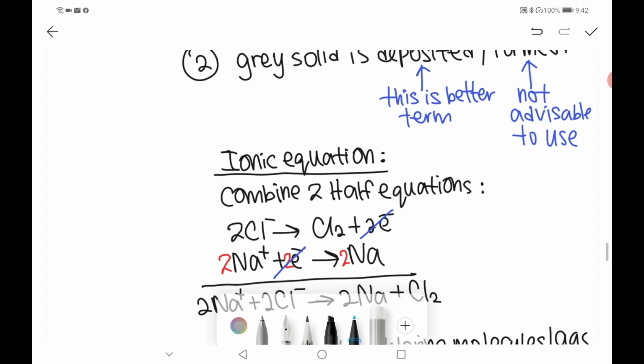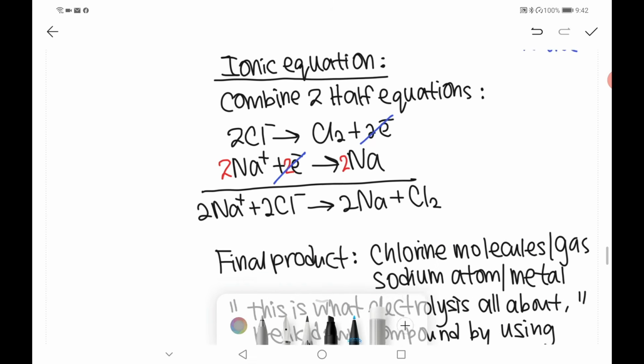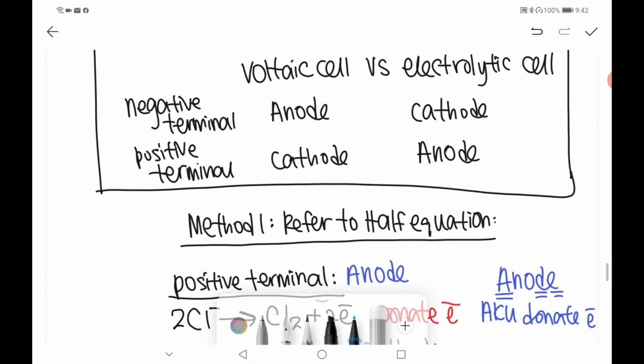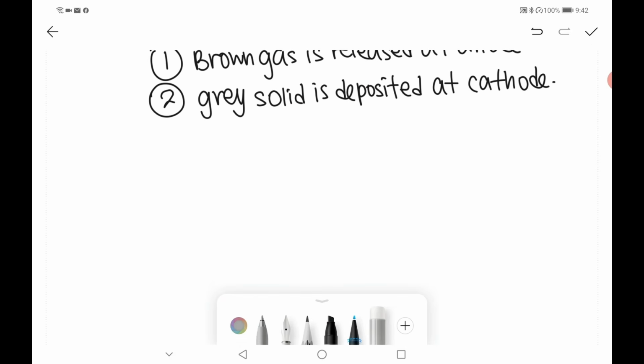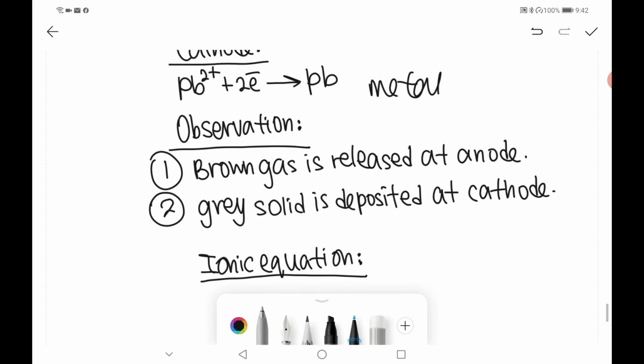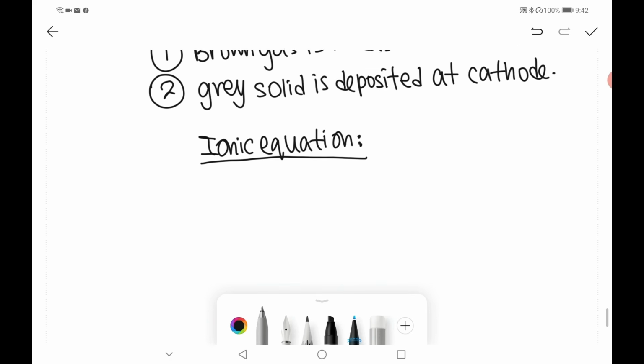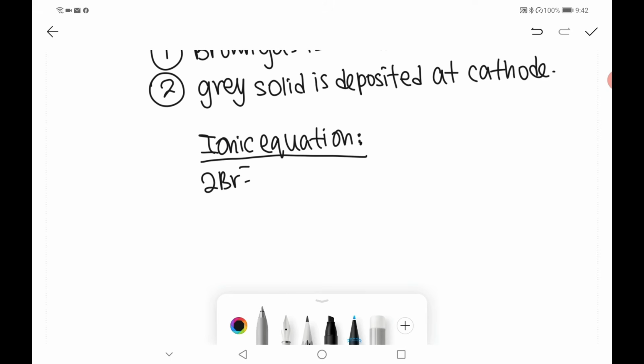So now in this case, can we get our ionic equation? Yes, we still can get our ionic equation. To get the ionic equation, we combine two half equations. The first half equation, we copy it: 2Br⁻ becomes Br₂ plus 2e⁻.